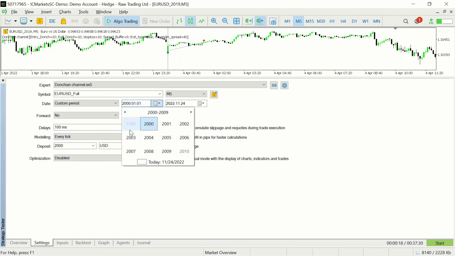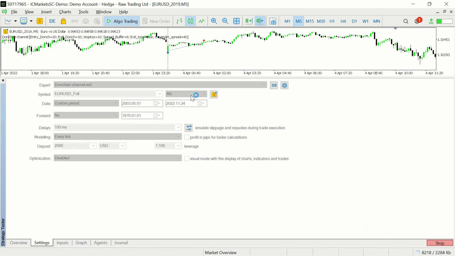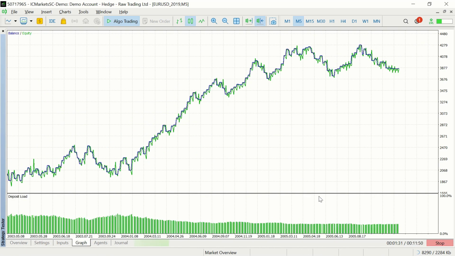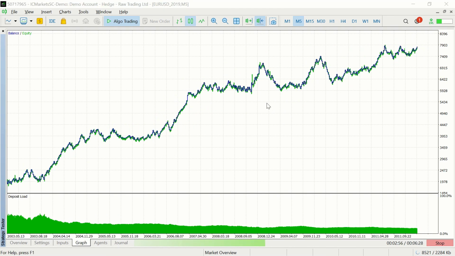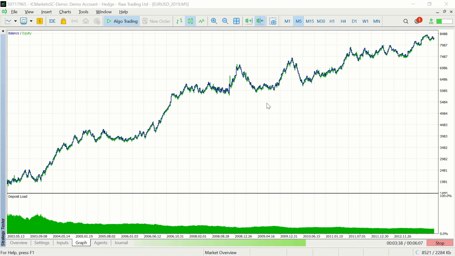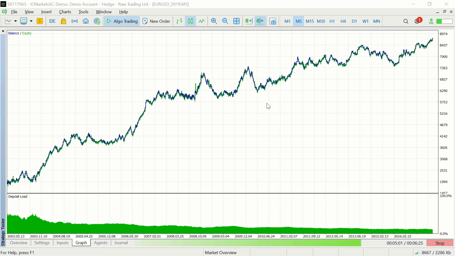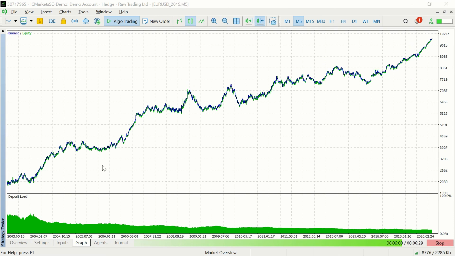So with those two things in mind, let's see the results. So we'll start all the way from 2003 May. That is how far back my data goes. And we will see the equity curve and the drawdown for the last 20 years. So as you can see, even before it's done, it's been pretty consistent.